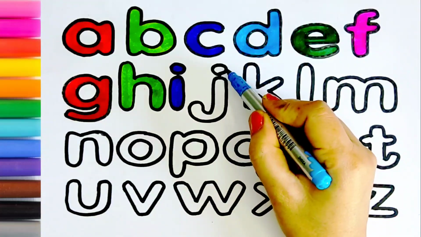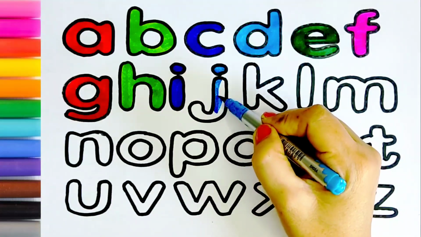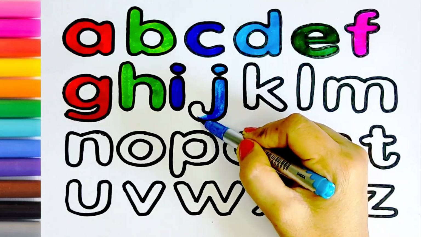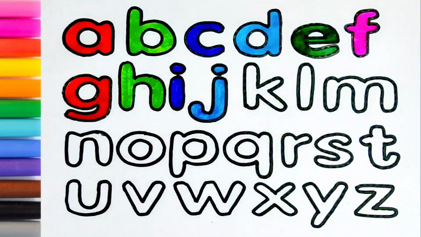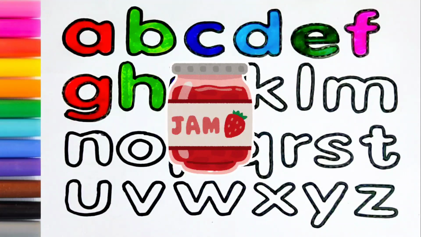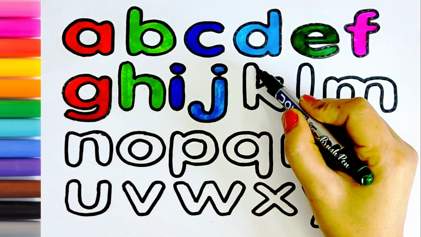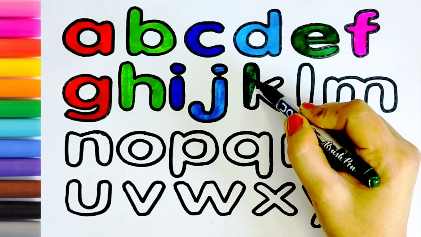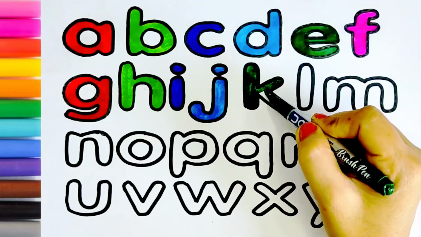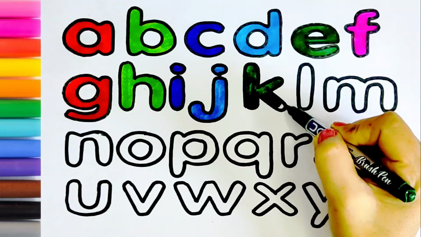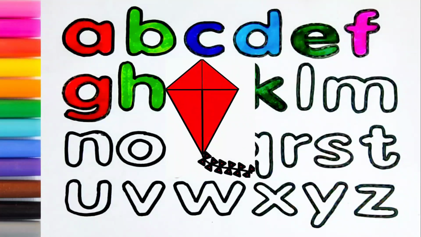Sky blue color, J for jam. Dark green color, K for kite.